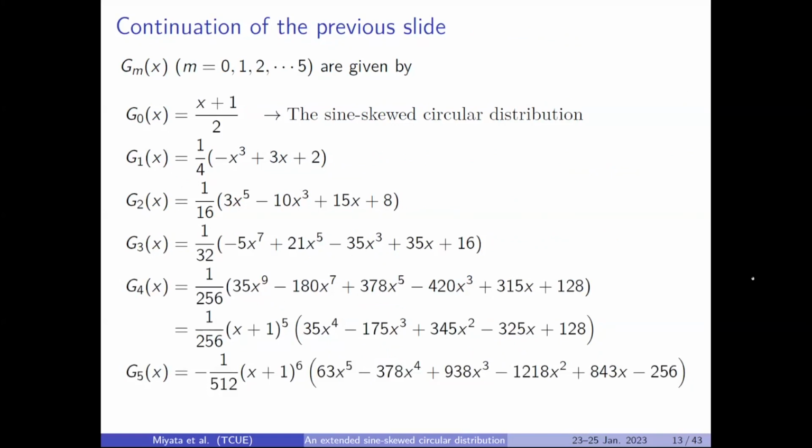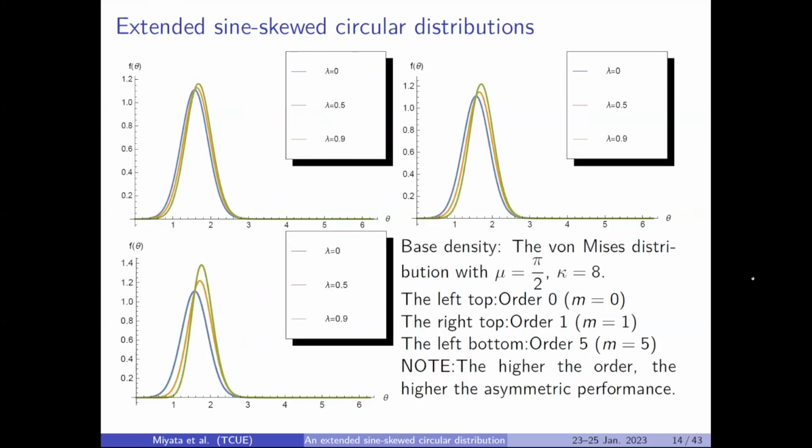These are examples of the skewing function G. This figure plots the curves of the extended sine-skewed von Mises distribution with mu being pi divided by 2 and kappa being 8.